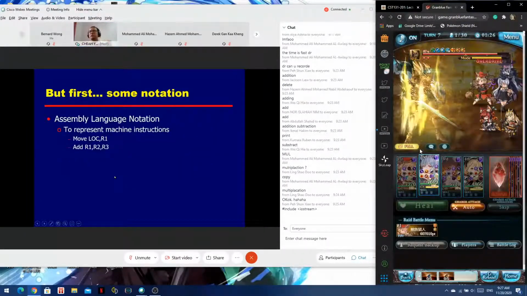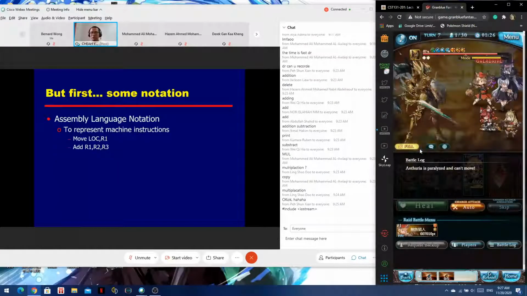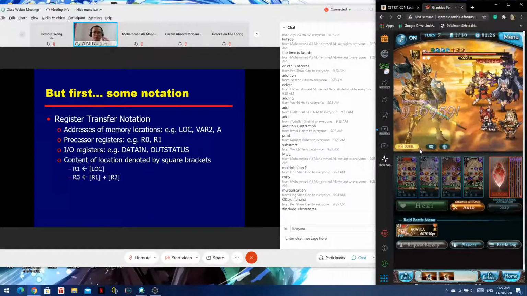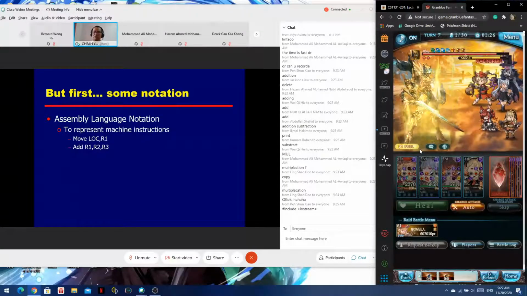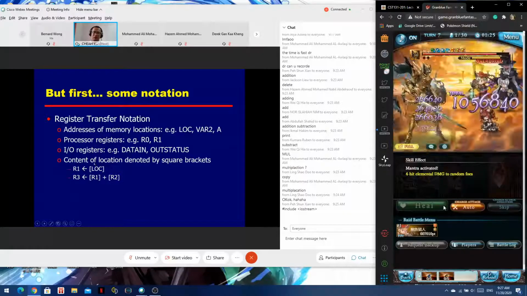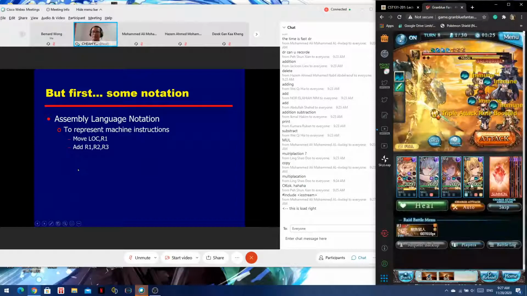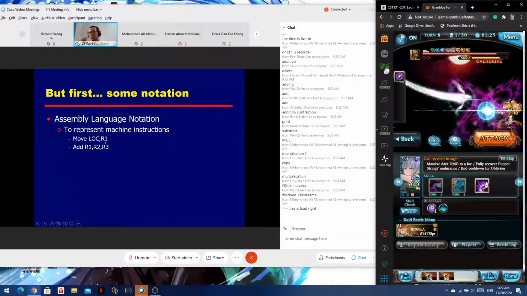We can also express all these statements in assembly language notation. The earlier one is the register transfer notation, where you use arrows and brackets. Or you can use assembly language notation. For example, the content of LOC you want to move to R1. In assembly language, you put Move LOC, R1.